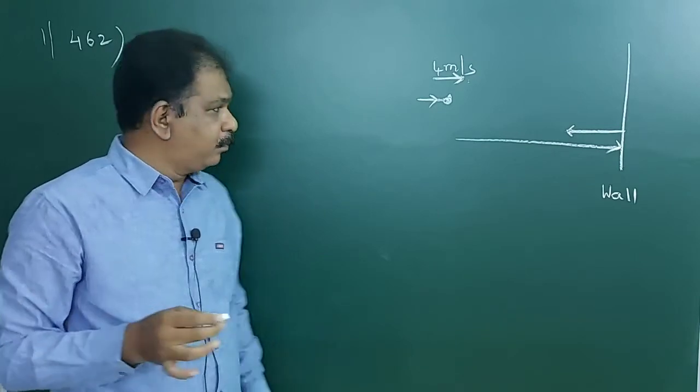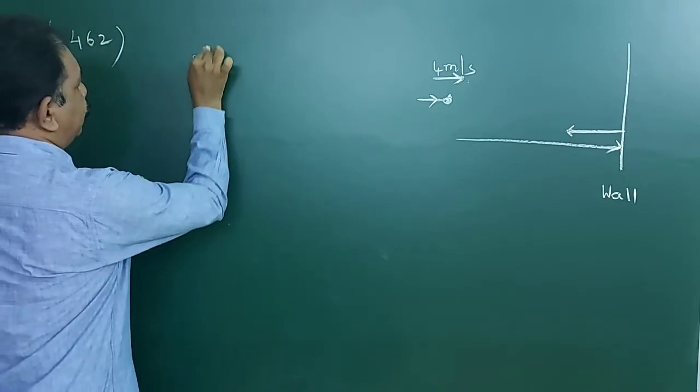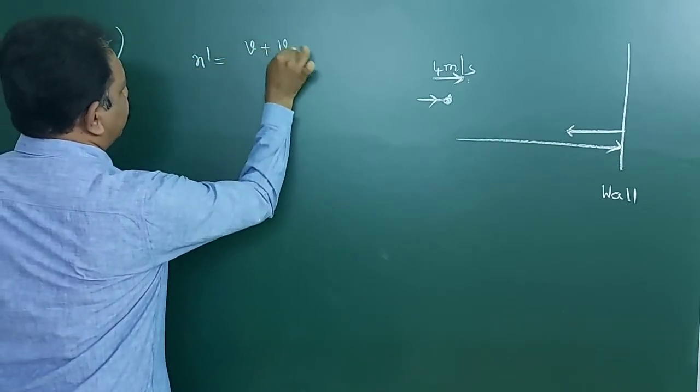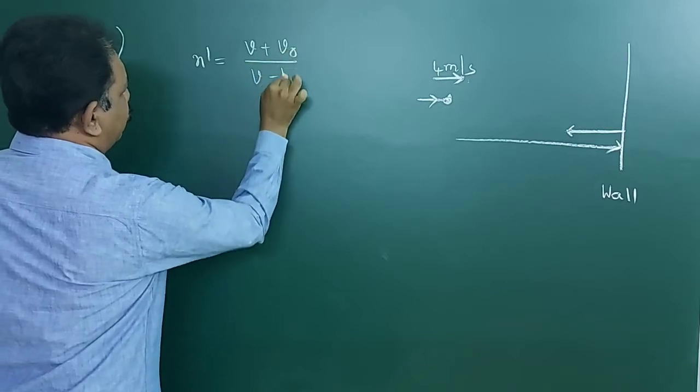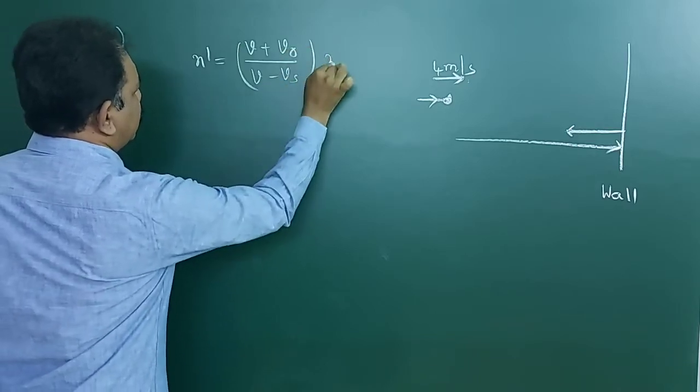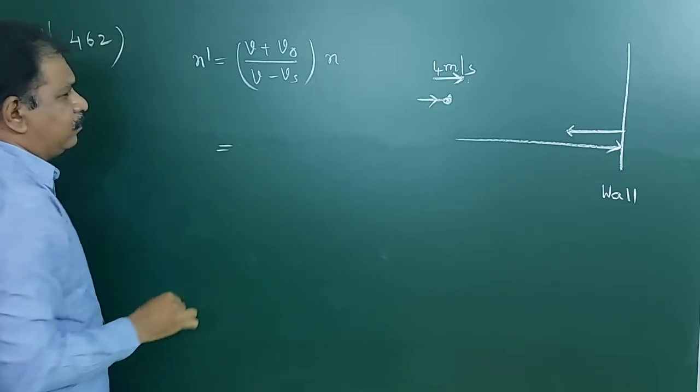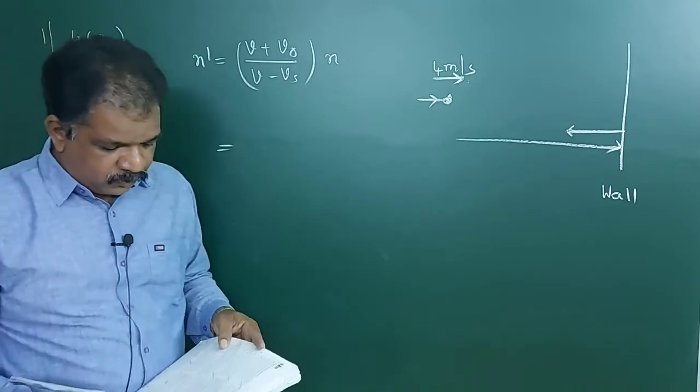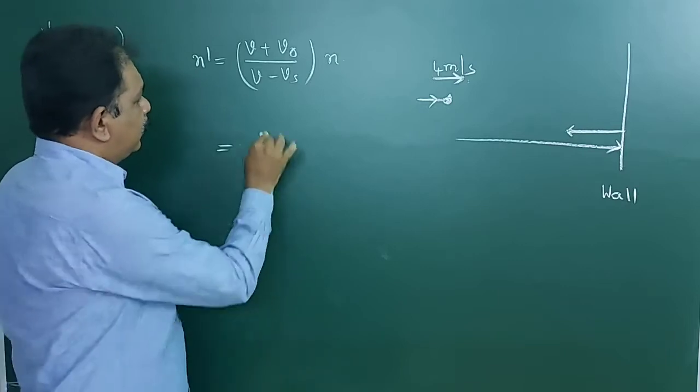When both are approaching, apparent frequency formula is (V plus Vo) by (V minus Vs) into n. Here velocity of sound they gave 330.